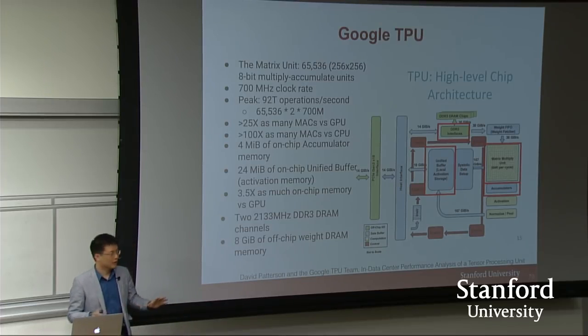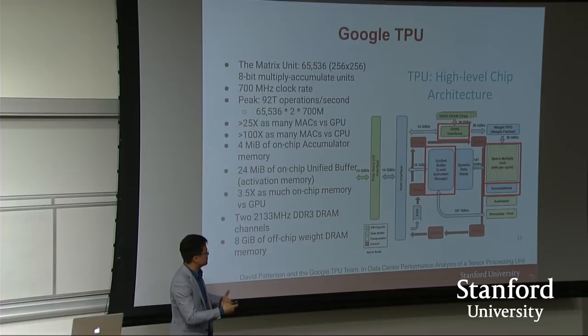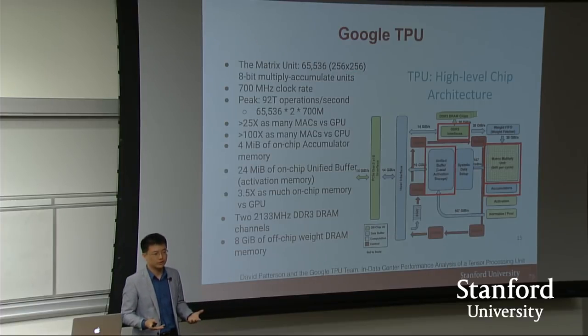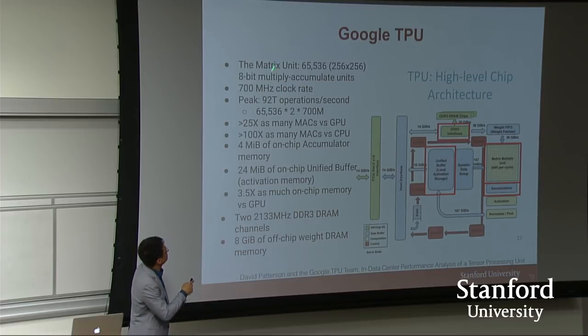And this is the high-level architecture for the Google TPU. Don't be overwhelmed. The kernel part here is this giant matrix multiplication unit. It's a 256 by 256 matrix multiplication unit. So in one single cycle, it can perform 64 K multiply and accumulate operations.